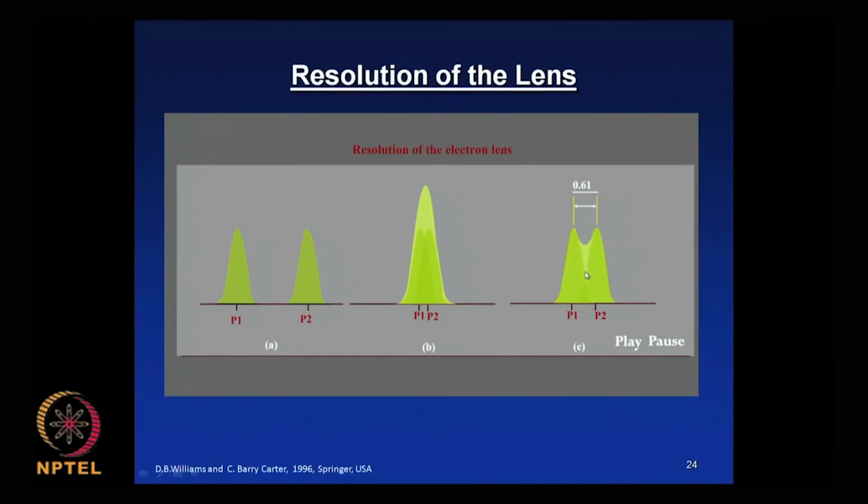In this case, you look at this, the maxima of the primary source here is overlapping with the minima of the next source. These two are in the same line.